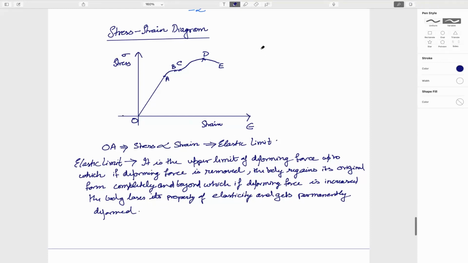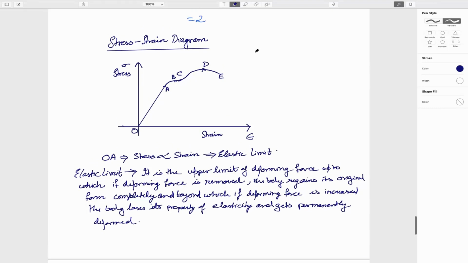So the elastic limit is the upper limit. Let's say you have a rubber, for example, or a spring, and you are stretching it with some force. When we apply a force on this, it gets stretched.